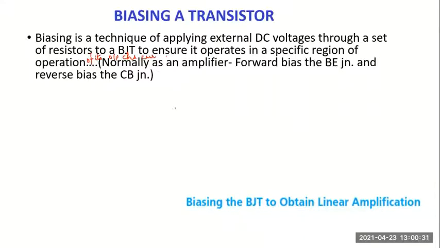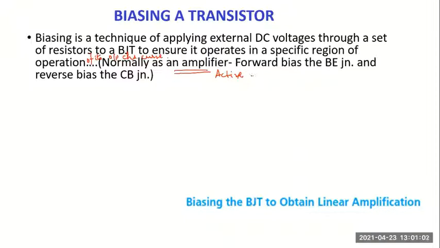Please remember, a specific region of operation means cutoff, active or saturation. Basically, we are interested in its operation in the active region. So to keep a transistor in the active region, we will connect external DC supplies through resistors to the transistor. And this is the technique of making the transistor work in the active region.